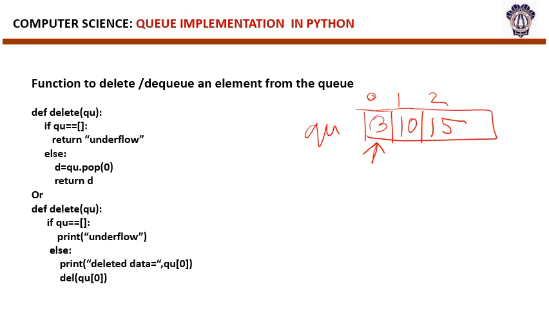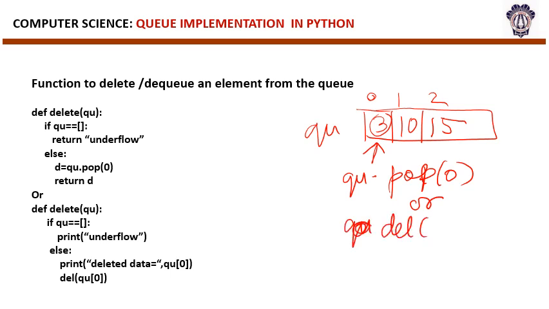3 first. The functions to delete 3 will be, either you can write the pop function or you can write del QU0.